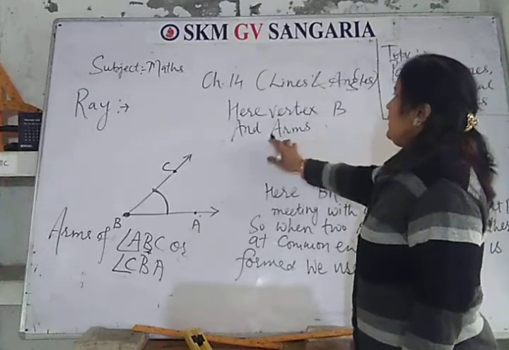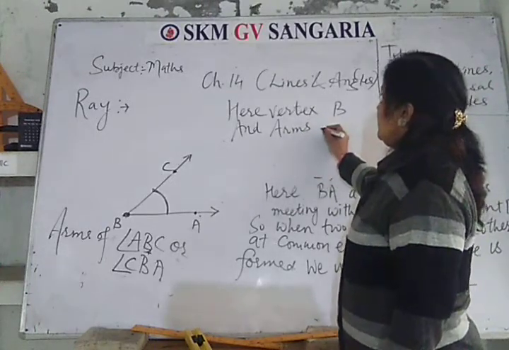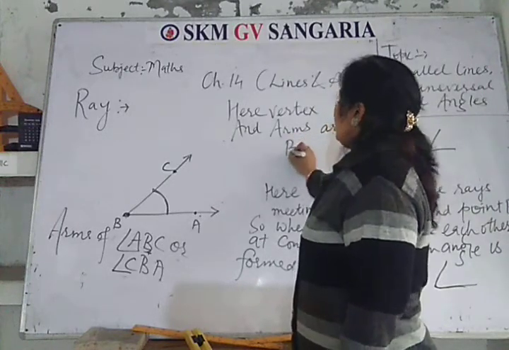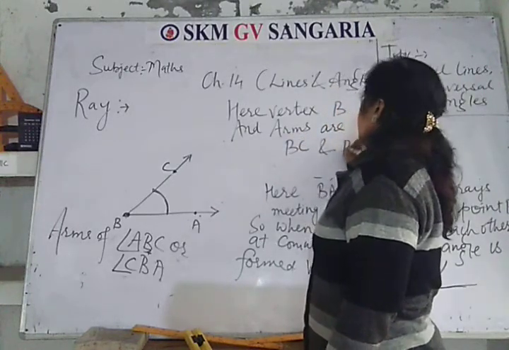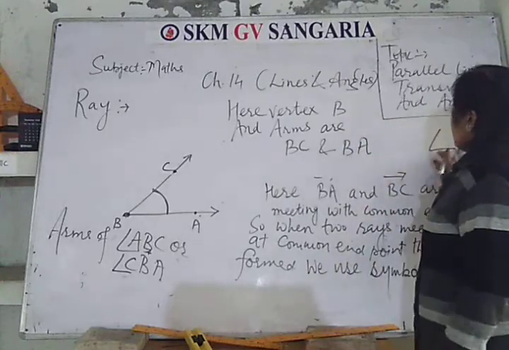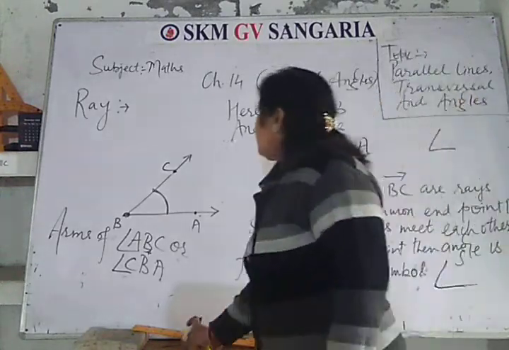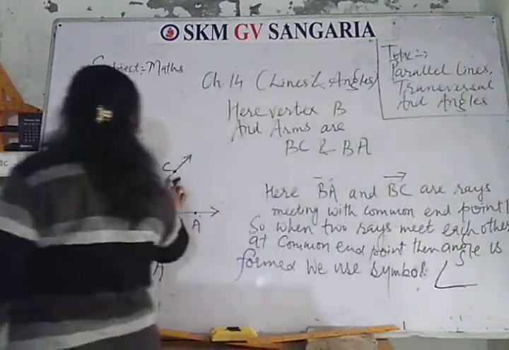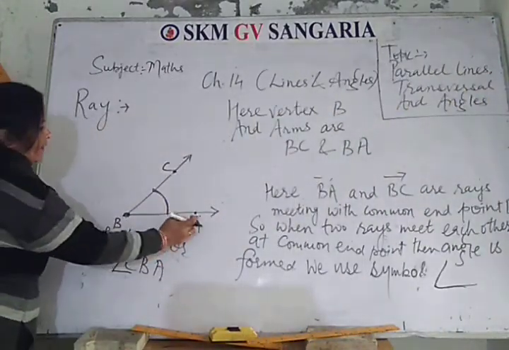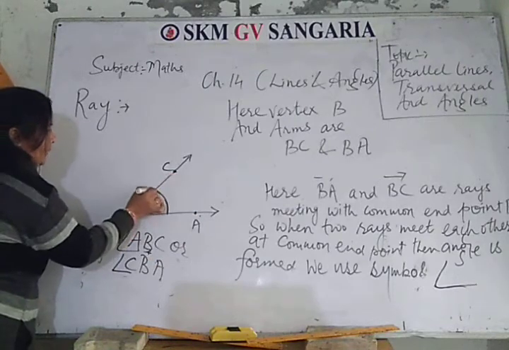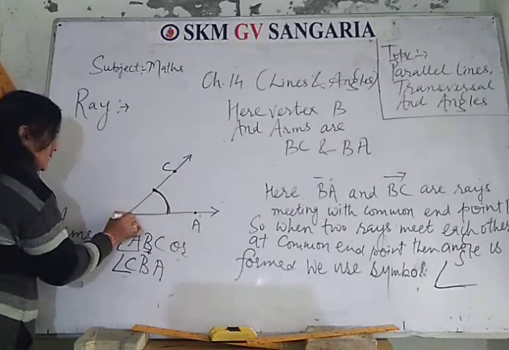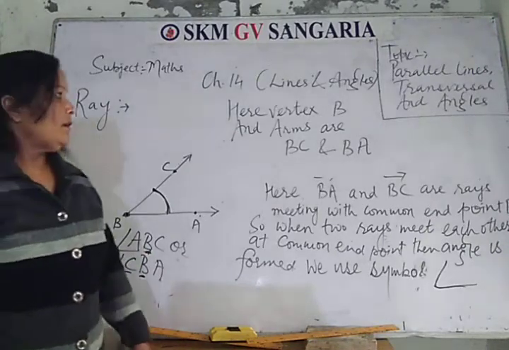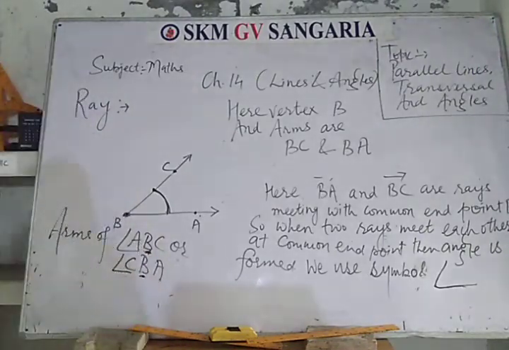Here the vertex is B and the arms are BC and BA. These are arms of angle CBA, or we can write ABC. Try to keep the vertex in the center while writing the name of an angle.